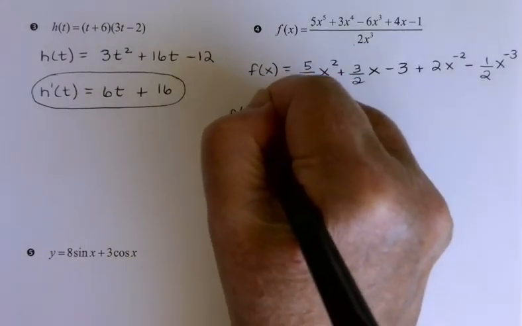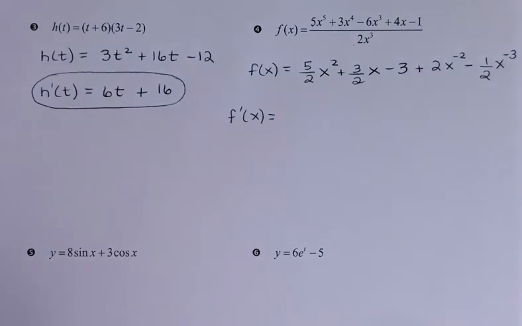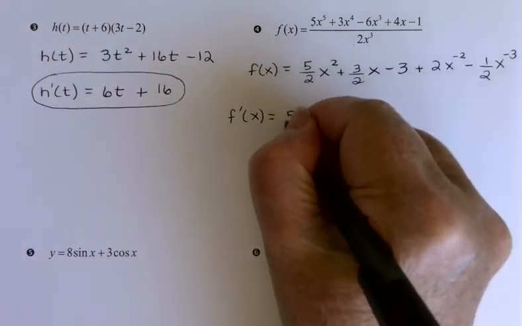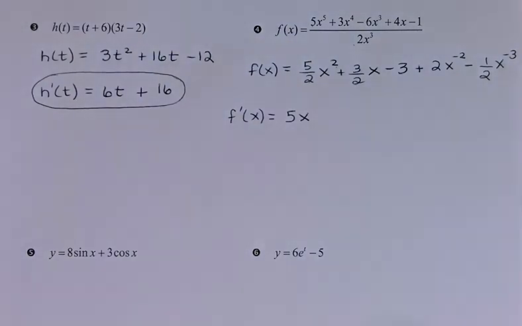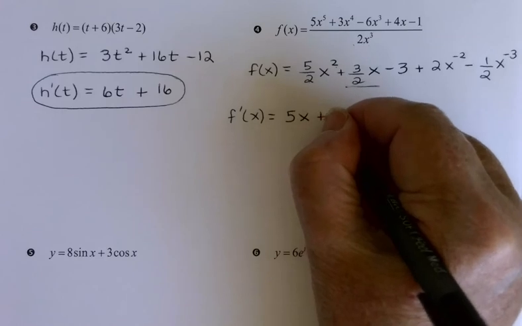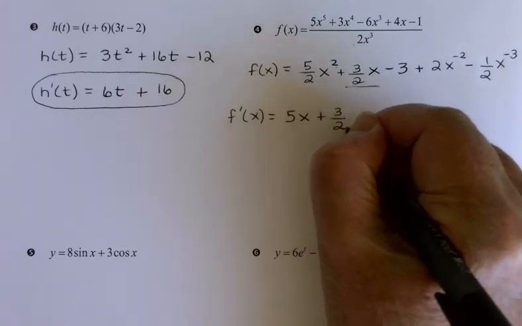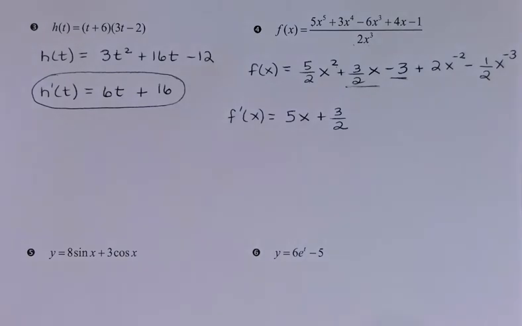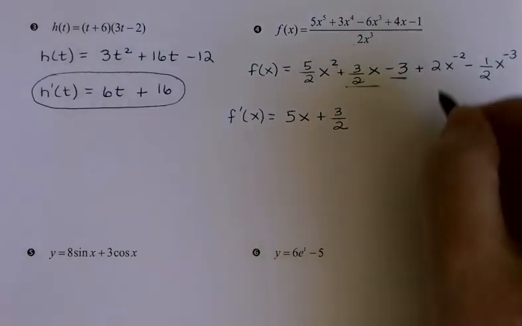And now I'm ready to do f prime of x. So 2 times 5/2 would be 5, x to the first. This piece is linear, so plus the slope, 3/2. This piece is just a constant, so its derivative is 0. I won't even bother writing that one.